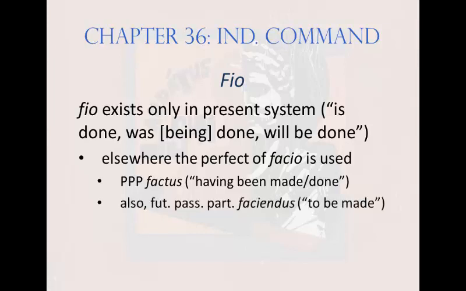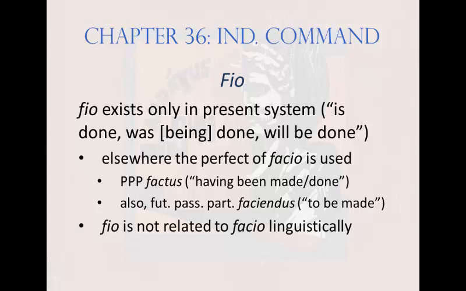This includes the future passive participle, the gerundive, faciendus, meaning "to be made or done." And I know you're all wondering, so I'll answer your question right now. It's true, fio and facio look a lot alike, but they're not related linguistically, making the whole fio-facio verb a composite conjugation, like fero or volo.